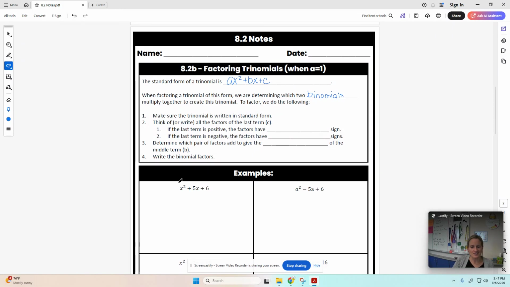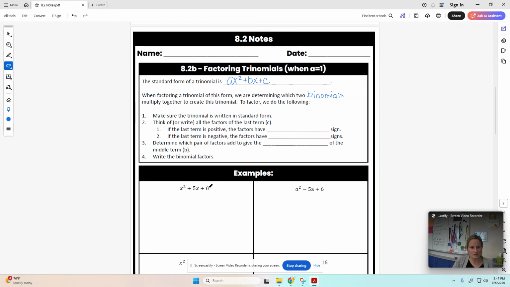The reason you're going to see that is because there's also a greatest common factor. I didn't put an example of that in the notes, and I probably really should have. So I want to make sure we talk about this: if you see any sort of leading number in front of the x squared, it's because you need to factor out a greatest common factor first. Then you would factor the trinomial that's left.